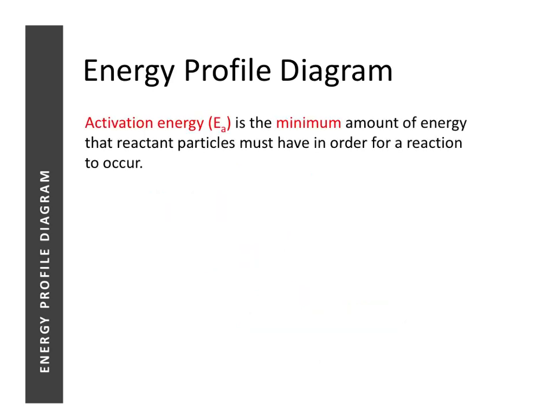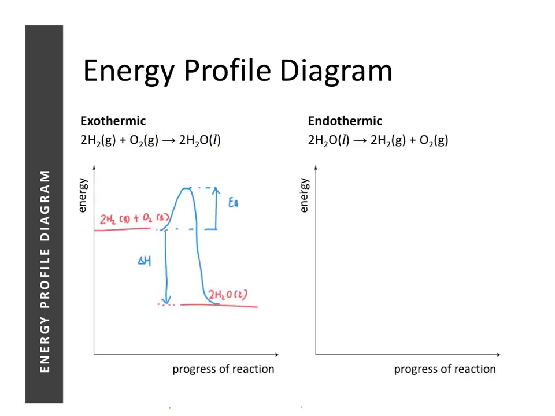As mentioned, activation energy is the minimum amount of energy that your reactant particles must have in order for a reaction to occur. Otherwise, when they collide, no reaction can occur. So we have seen the energy profile diagram for the reaction of hydrogen and oxygen to form water.